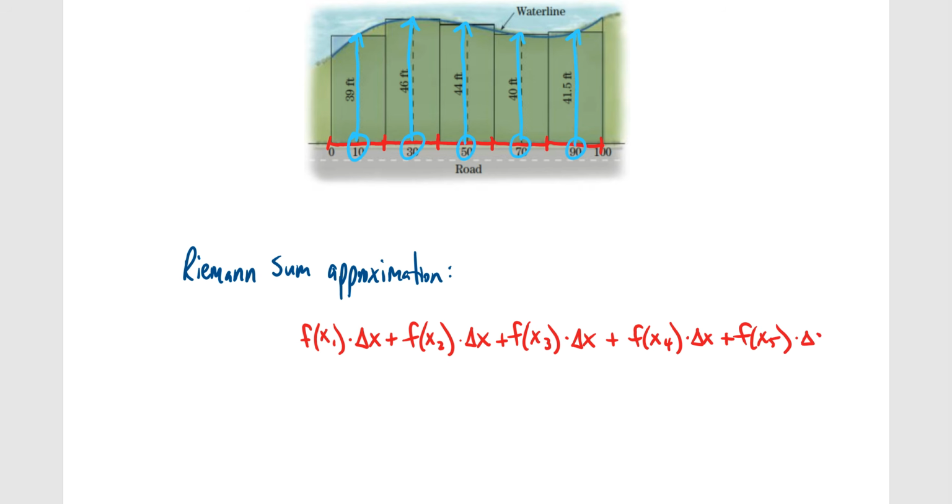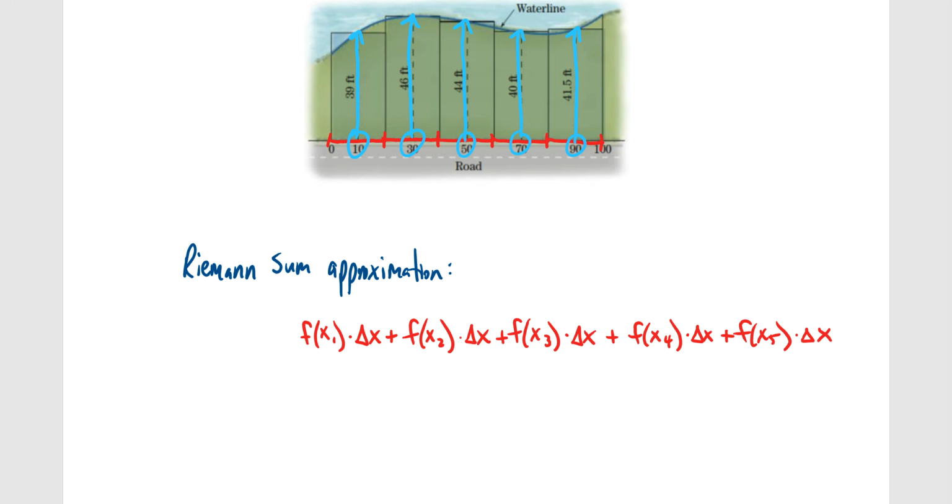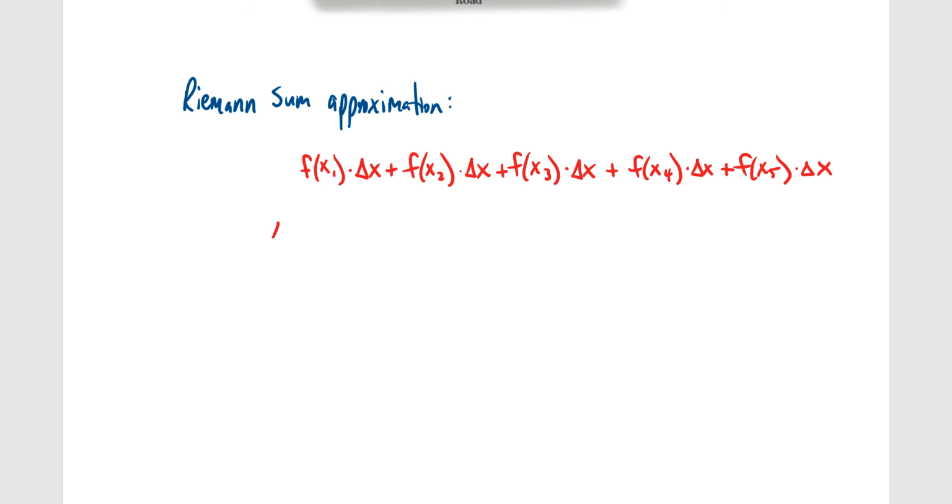And like we said, we could do it this way and plug in all of our values, but I mentioned that I like to factor out the delta x. It makes it a little bit cleaner. So factoring out the delta x, we're going to be left with all of these values. Remember that these are the heights of the rectangles, and we had 5 of them.